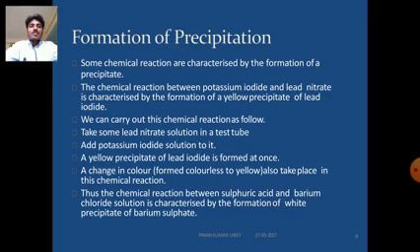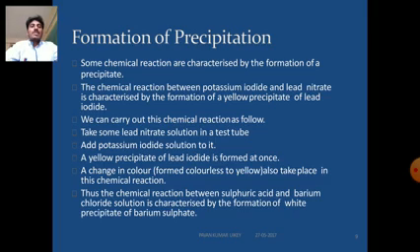Next one is the formation of a precipitate. Some chemical reactions are characterized by the formation of a precipitate. The chemical reaction between potassium iodide and lead nitrate is characterized by the formation of a yellow precipitate of lead iodide. We can carry out the chemical reaction as follows. Take some lead nitrate solution in a test tube and add potassium iodide solution to it.